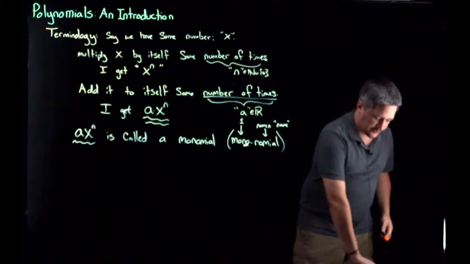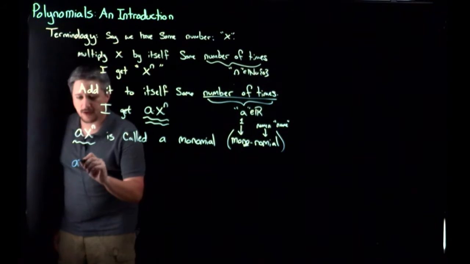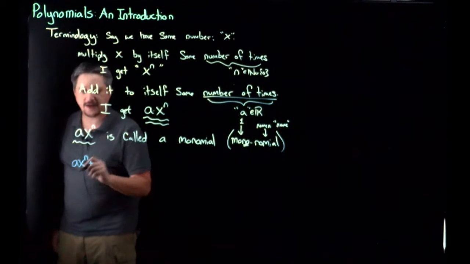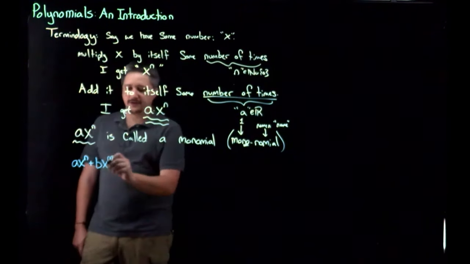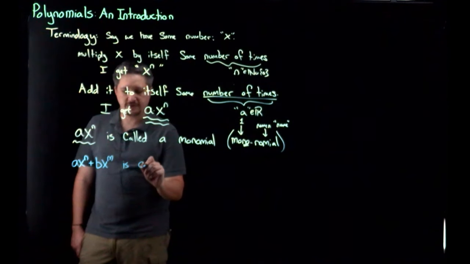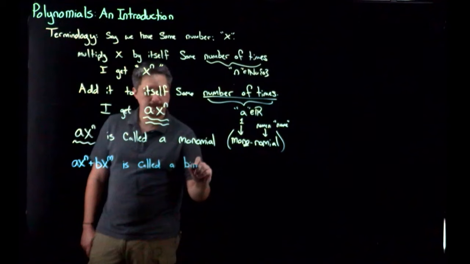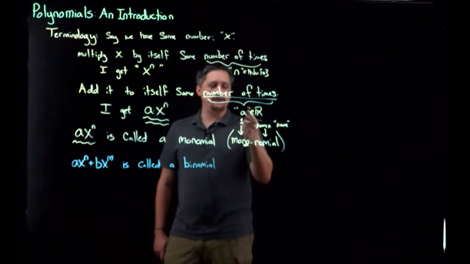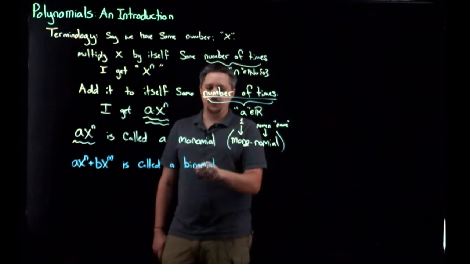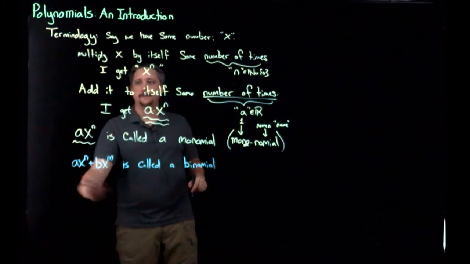If I add two monomials together, like I was saying a second ago, so if I still have ax to the n, but now I'm going to add another thing, so instead of a, I'll use, say, b, x to some other letter m. This is called a binomial, where, again, just like over here, we have mono for one, bi means two, so two terms, right? So two pieces, because I have it separated by the addition, okay?